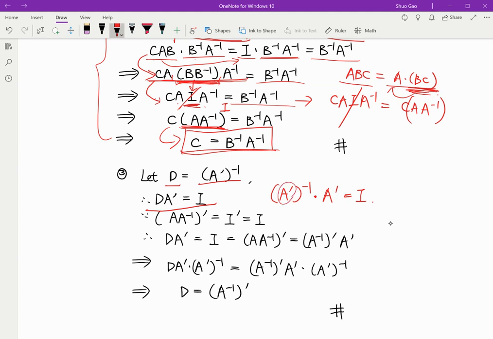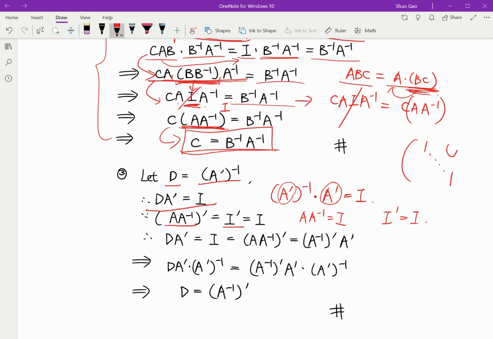The inverse of a matrix times the matrix itself should be the identity matrix. And because we know that A times A inverse and then prime is just the identity matrix, because A times A inverse is just I, this becomes I prime, and I prime is just I, right?